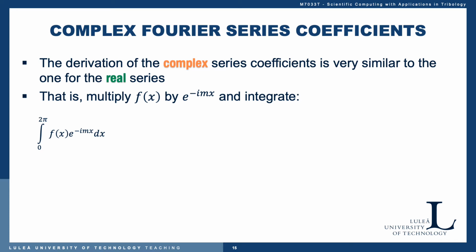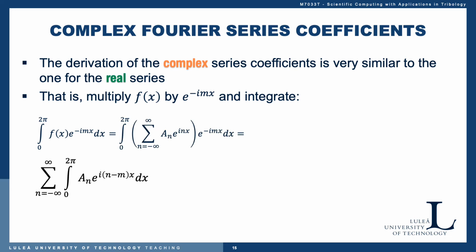Carrying on the same way as we did for the real Fourier series, we now multiply by a function e to the power minus i m x instead of sine and cosine of mx, and then integrate from 0 to 2 pi, the periodic window. So we can write this integral in terms of the series like this, and then we can switch the summation and the integral sign, and by the exponential laws we can combine n and m in one exponential function like this.